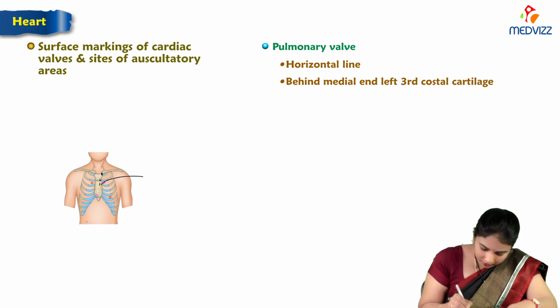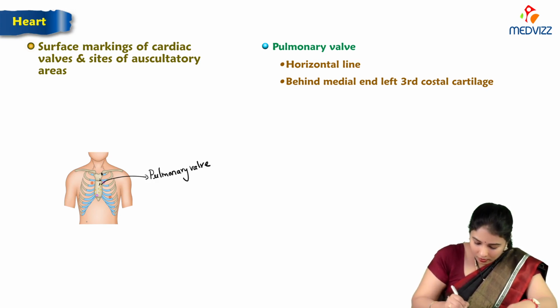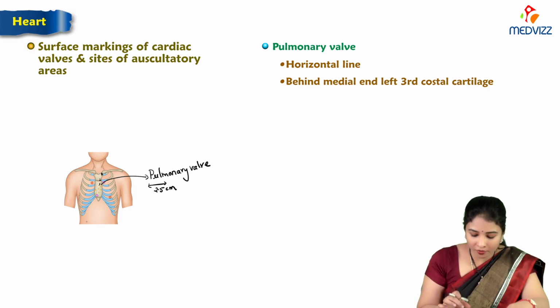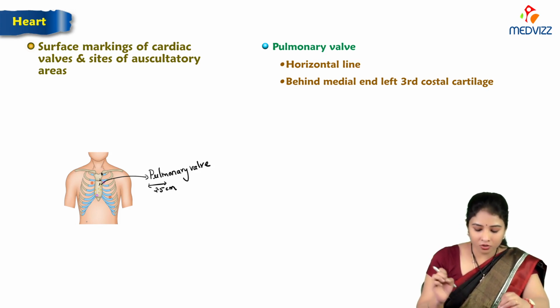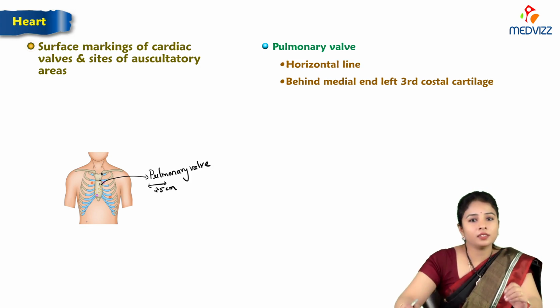So here is the pulmonary valve. We draw a horizontal line 2.5 centimeters in length. That is how we represent the pulmonary valve.